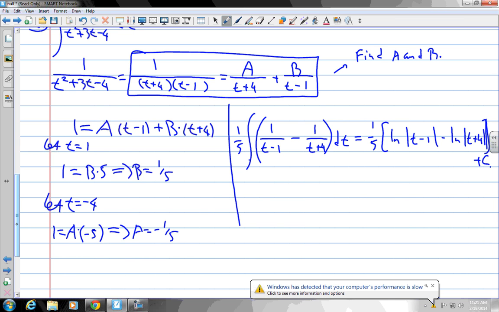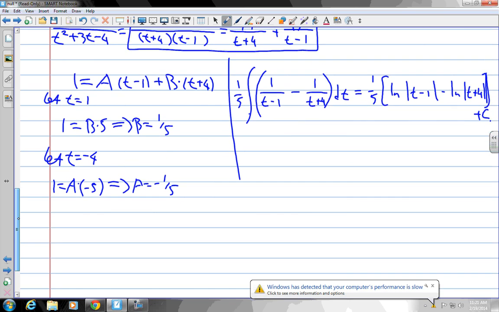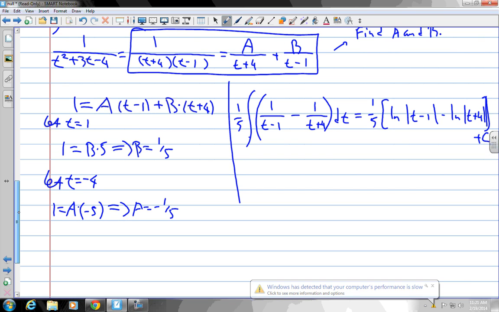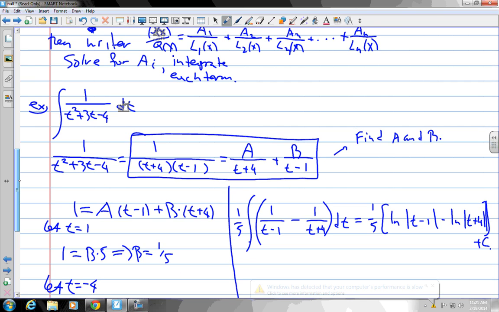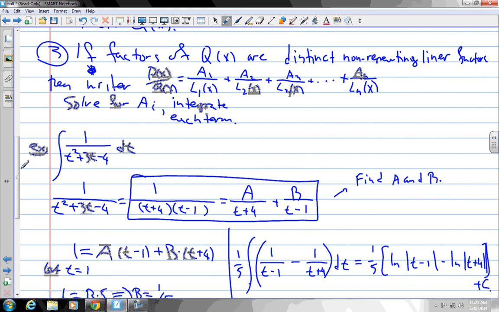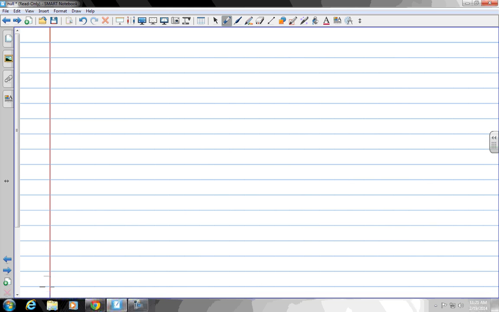Okay, so this is one of the nicer cases where your denominator factors into a product of non-repeated, distinct linear factors. Usually distinct and non-repeated, if you have one, it implies the other. But anyways.